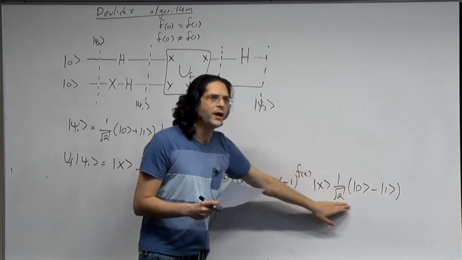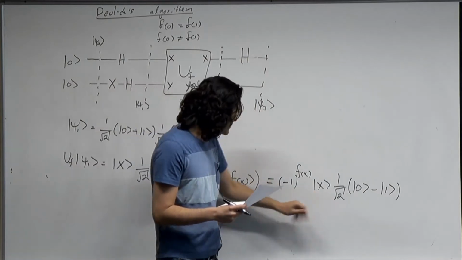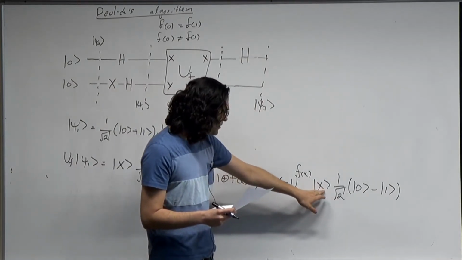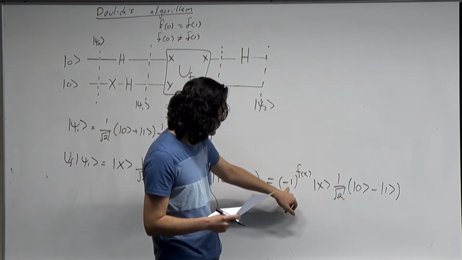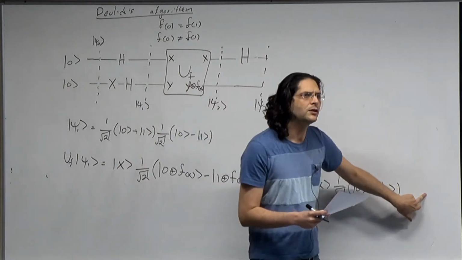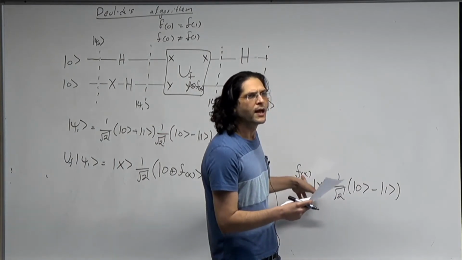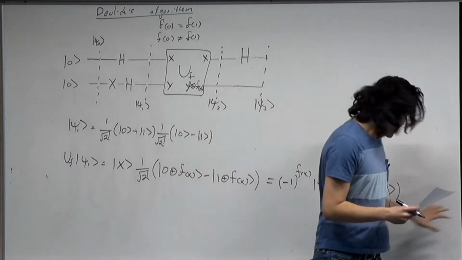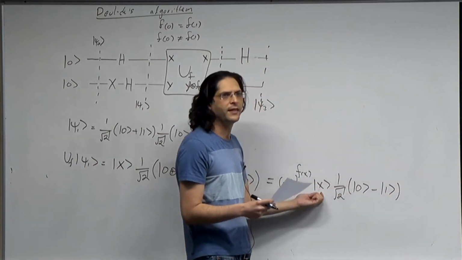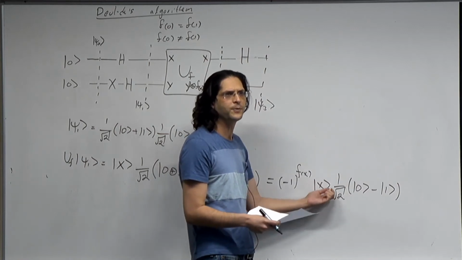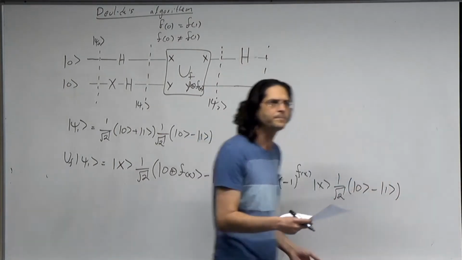When you plug into this, and I'll do it explicitly in the next line, you're going to have 0, and whatever f of 0 is, that will give us the sign, times this, plus 1 minus 1 to the power of f of 1, times this part. So you need to plug it in, but if x is 0, then it's trivial. If x is a superposition, then you've got to plug in the superposition. So 0 plus the 1 part, okay?